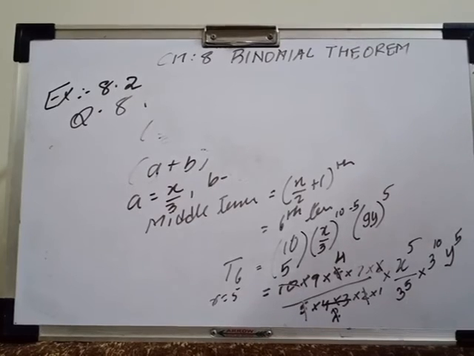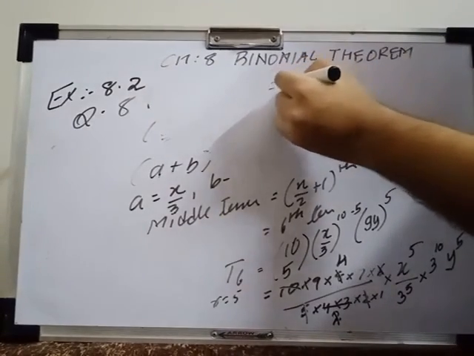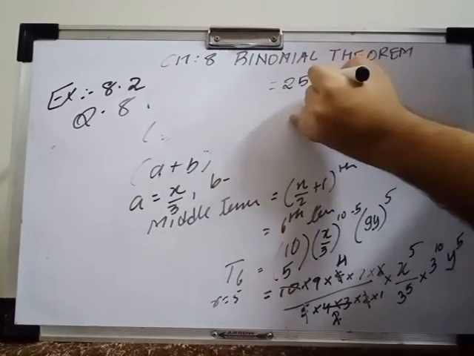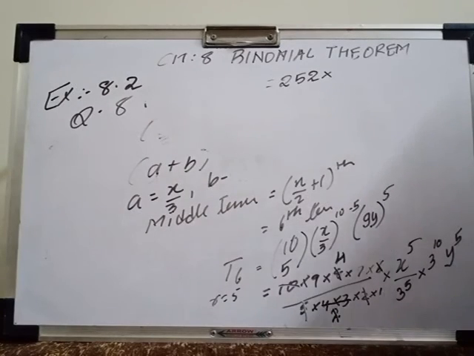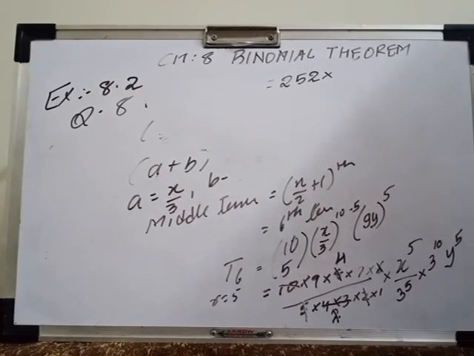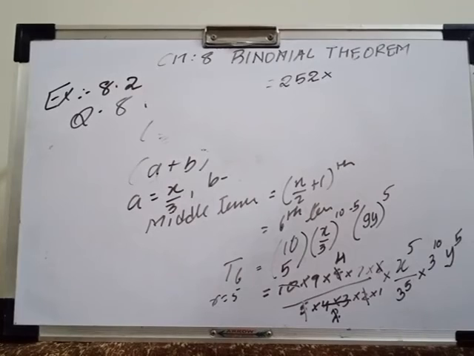If I do it on the calculator, 9 multiplied by 4 multiplied by 7, it is 252 into, here the power will get subtracted as the base is the same and it is in division, so it is 3 raised to 5, whose answer is, I think, 243.